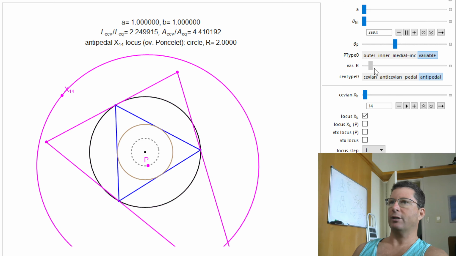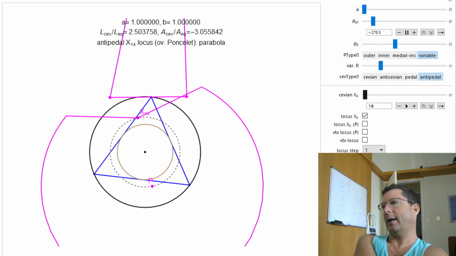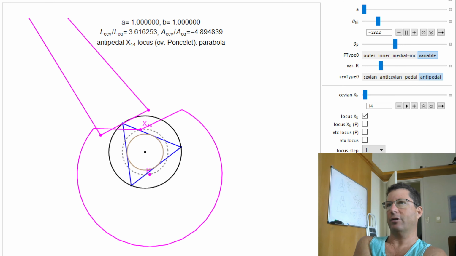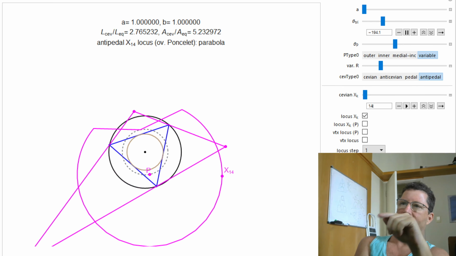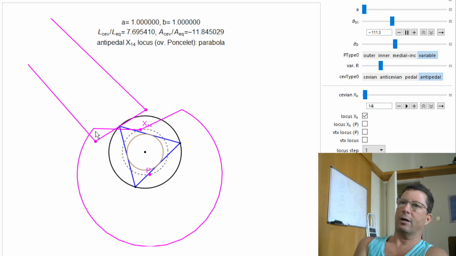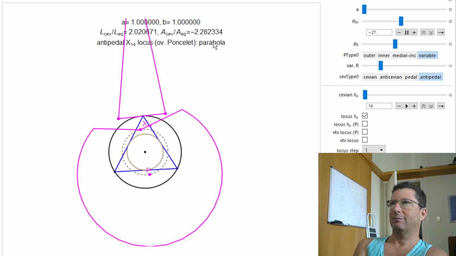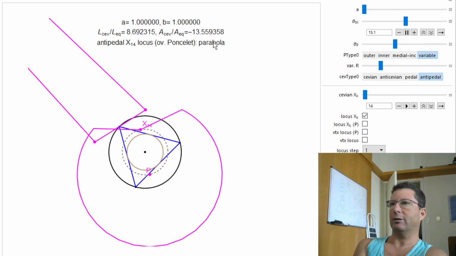Now, what if I'm now outside of the incircle? Let's see if there's a transition. There's a transition to a bistable configuration. I have a long wait for x14 at this isolated point here, and then I suddenly jump to this arc of a circle here. It's actually telling me it's a parabola. That's interesting. I don't know if I trust that.